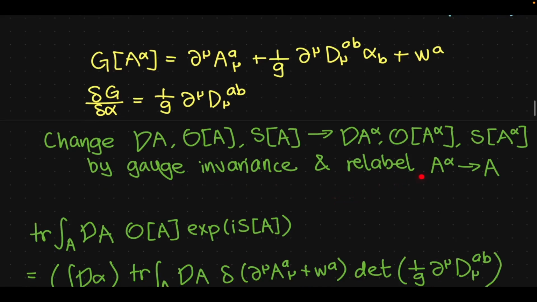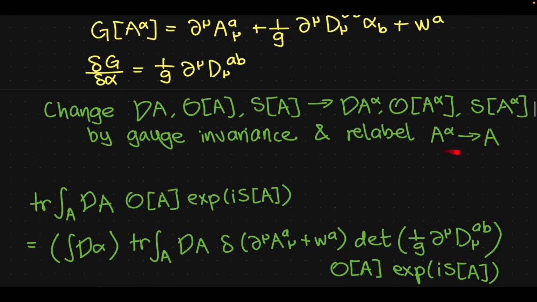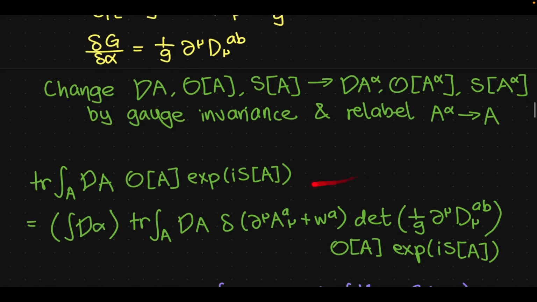And once we do that, we relabel A to the alpha back to A, because we can relabel our fields. We're integrating over all fields. This is like changing your variable name in a definite integration. So we have trace path integral over A, O of A, e to the i S[A]. Now nothing depends on alpha anymore, so we can just pull out the path integral over alpha.